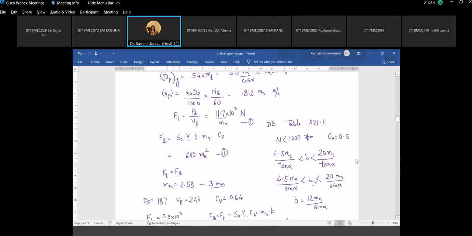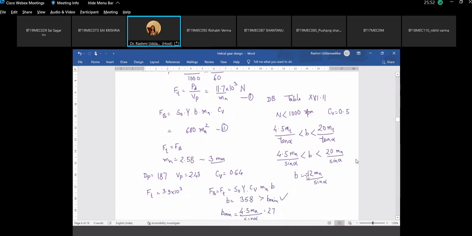You can go with 7.5, you can go with 12, you can go with 14, you can go with 18. But normally to use some default value, all of us will, for design, assume it to be 12 times Mn by sin alpha, a value lying somewhere in between this range. And later we'll check that the value of B actual calculated is coming out to be greater than B minimum.